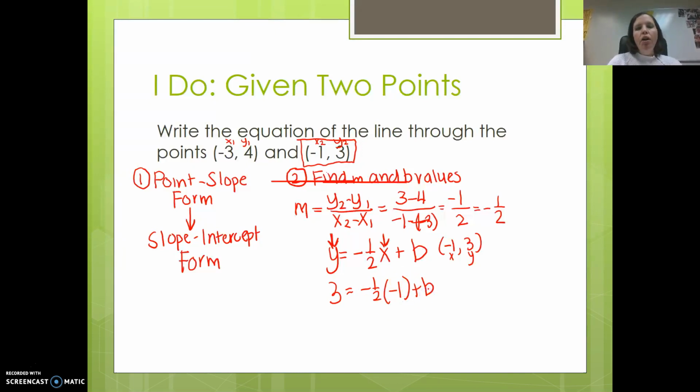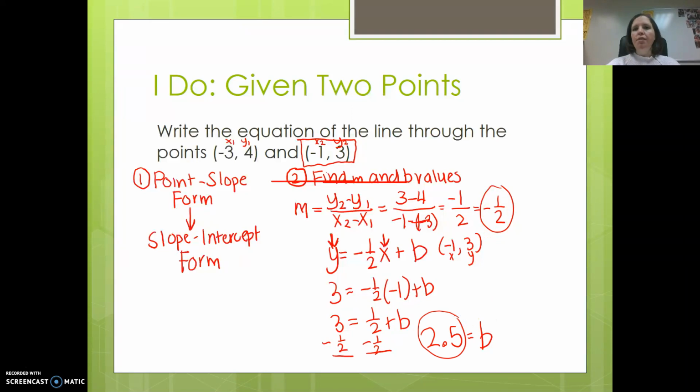And now the only variable I have left in here is b, which means I can use some solving. I can multiply my slope and the x coordinate. I can get b alone, and I can solve and see that b is equal to 2.5. So I found my m value, I found my b value.